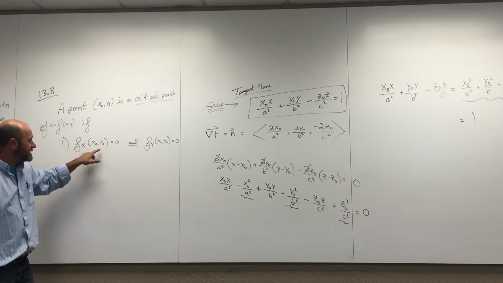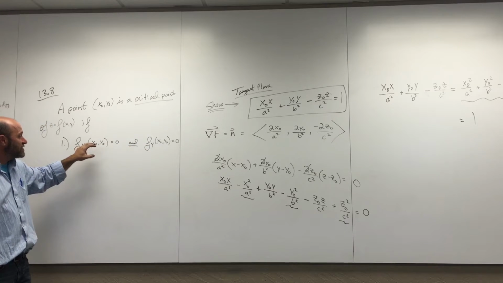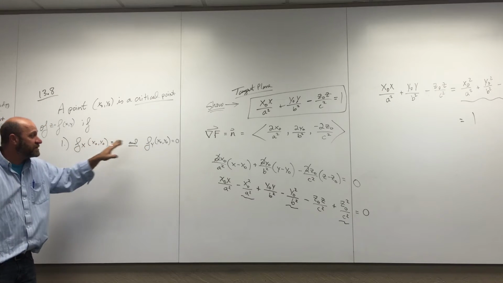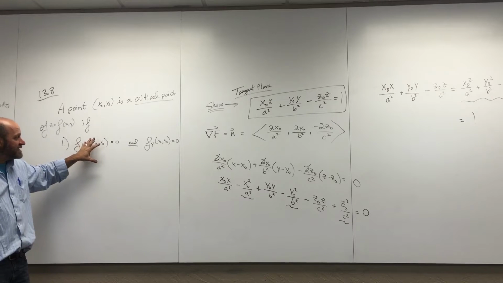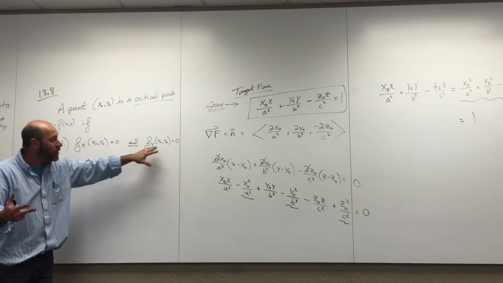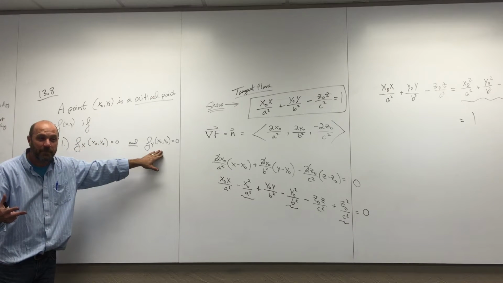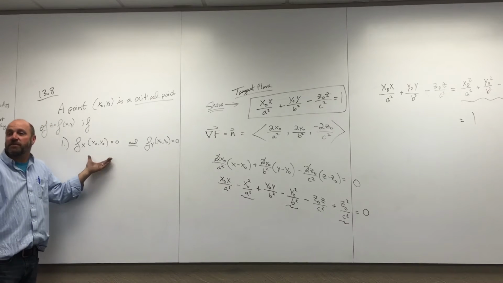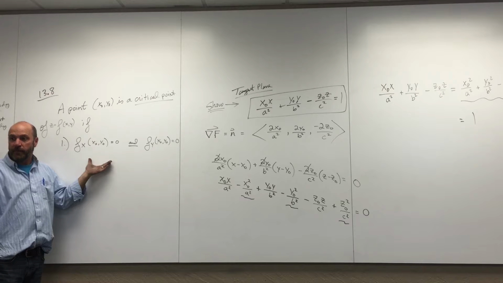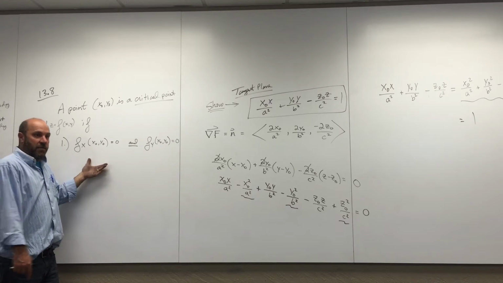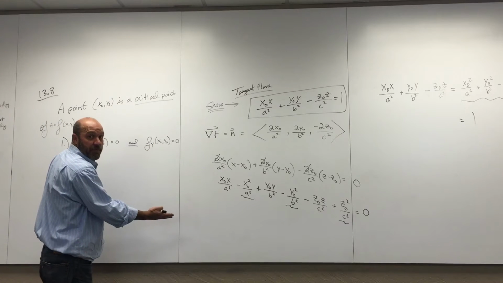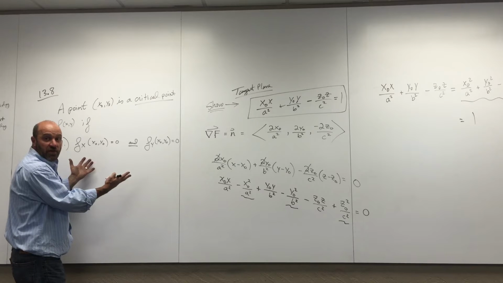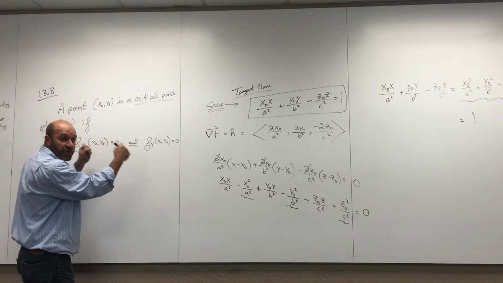So you're kind of solving two equations. You want to know when this is 0 and at the same time when this is 0. You might find some points where this is 0, and some points where that is 0, but the only ones that are really critical points are the ones that make both 0.